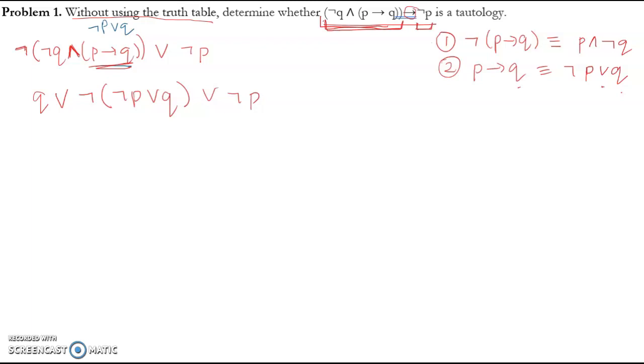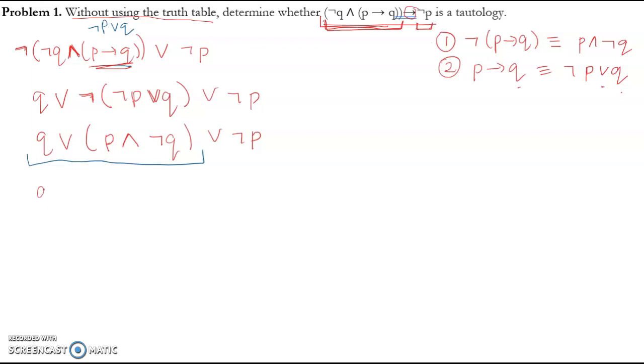I can distribute the negation sign here again, so the negation of not P becomes just P, the negation of or becomes and, and the negation of Q stays as not Q. Next, this is going to be a distributive rule, or I think in the textbook it uses De Morgan's rule.